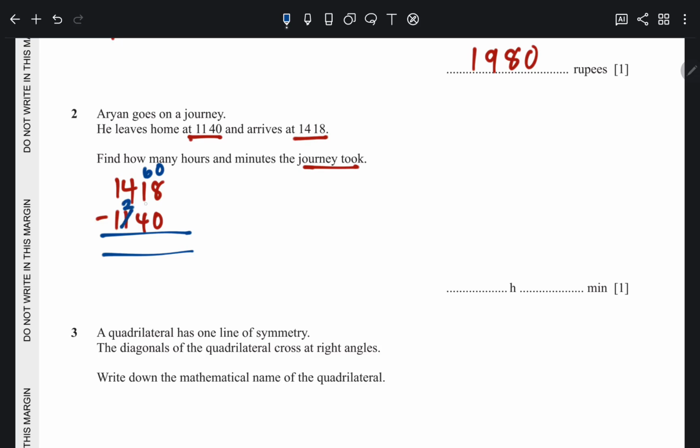So 60 plus 18 will now be 78. 78 minus 40 will give us 38. Then 4 minus 2 will be 2, and 1 minus 1 will be 0. So this is going to be 2 hours and 38 minutes. That's how long the journey took.